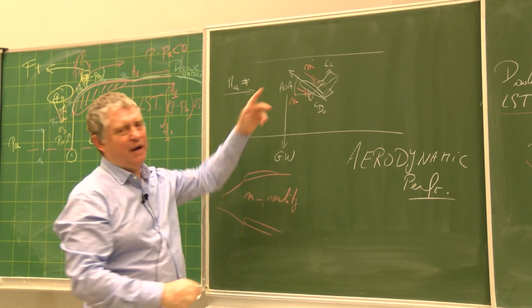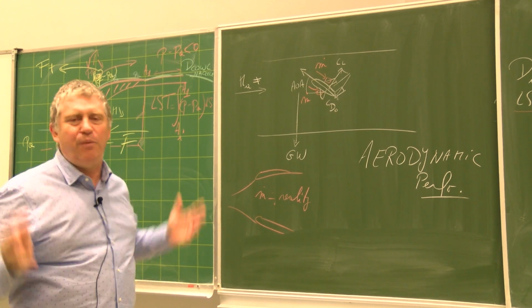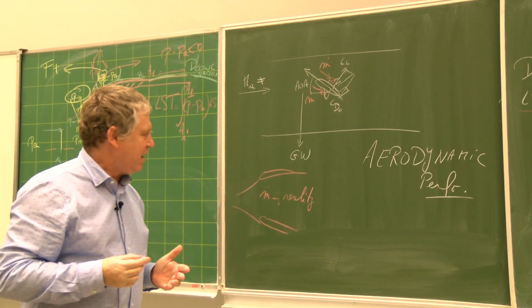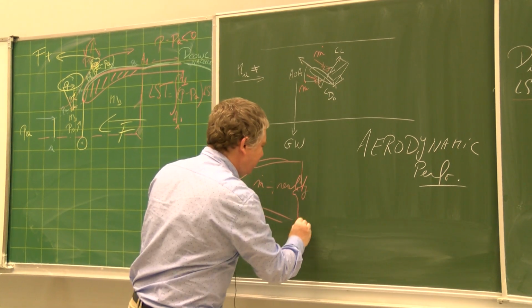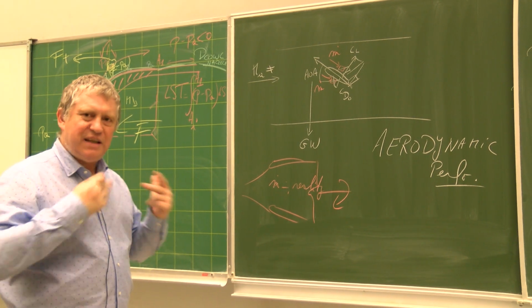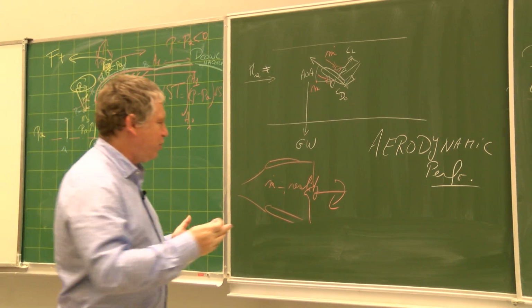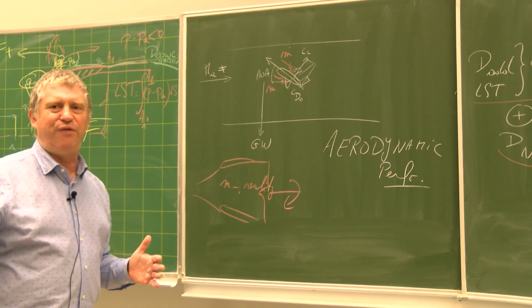If the aircraft is 100 times smaller, m dot will be, let's say, 100 times smaller or so. But in order to have m dot related to the reality, you need to have an engine here that is running. You need to have an engine that is driving here. So you need to have a compressor that is driven by a turbine, and you need to have a flow.